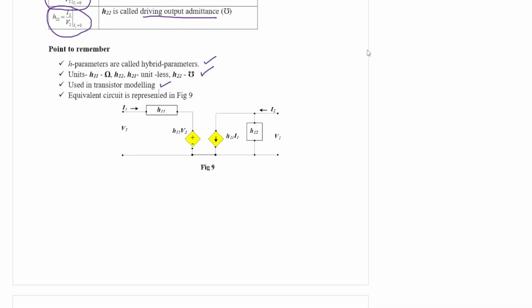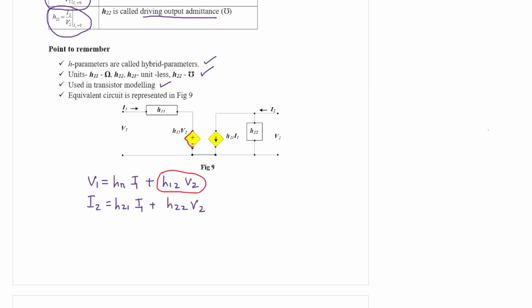Now the equivalent circuit. If you recall the equations, V1 is equal to H11 I1 plus H12 V2, and I2 is equal to H21 I1 plus H22 V2. As far as H12 V2 is concerned, it is a voltage represented by a dependent source. Why?